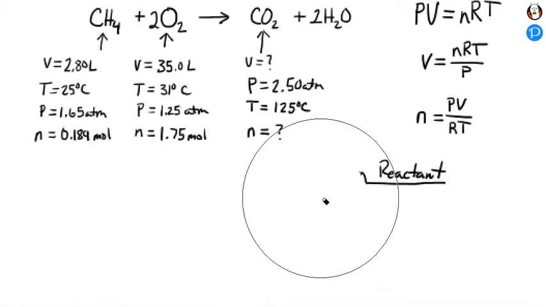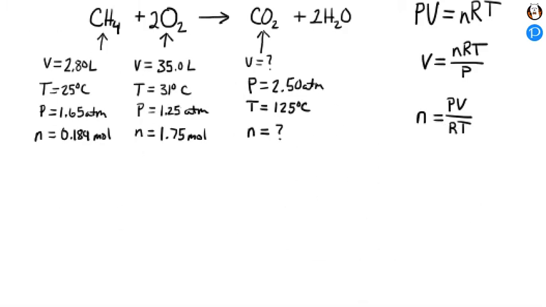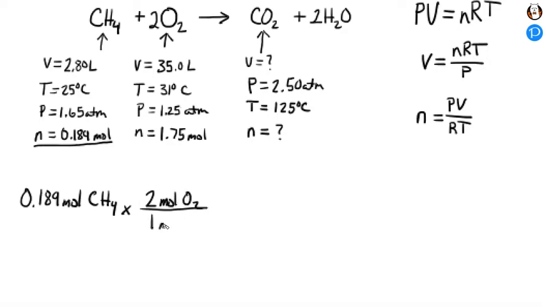Now remember, there's a couple different ways to do that. Let's figure it out like this. I'm just going to pick CH4 here. I'm going to say, if I have 0.189 moles of CH4, I know that based on this equation up here, I need 2 moles of O2 for every 1 mole of CH4.